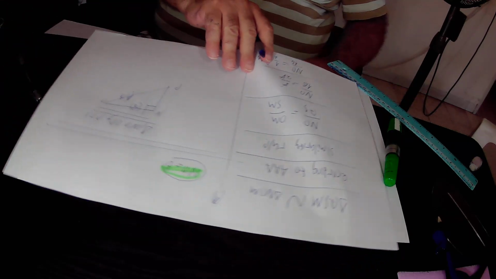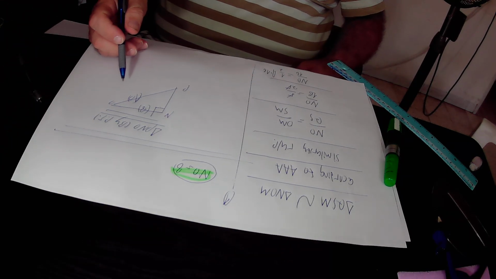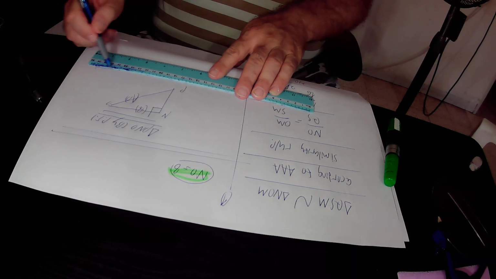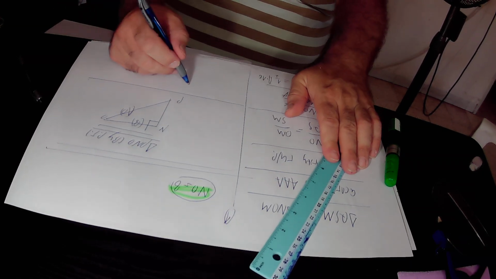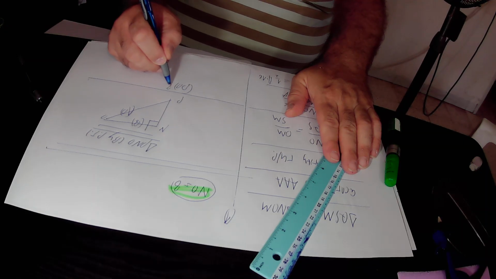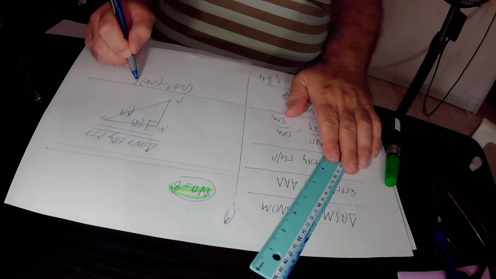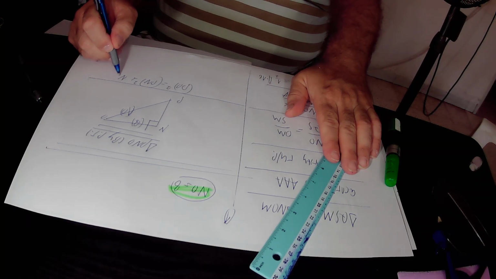So here, this is the right triangle PNO. According to the Pythagoras theorem, PO squared, that is the square of the hypotenuse, is equal to PN squared plus NO squared.